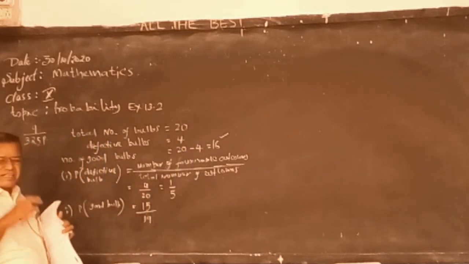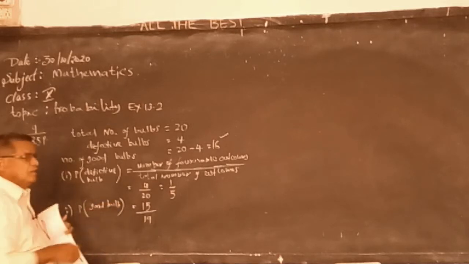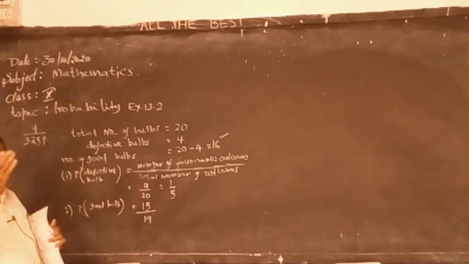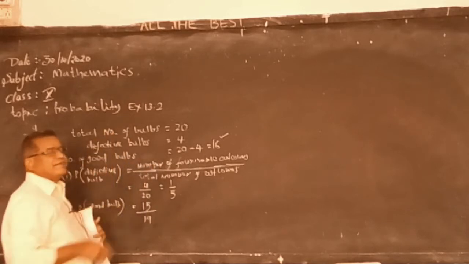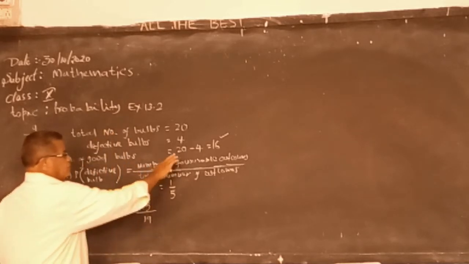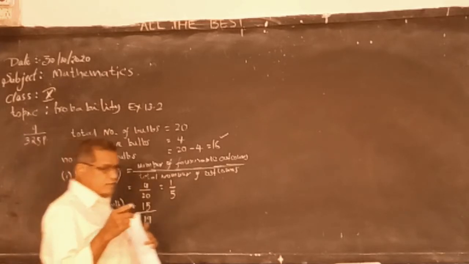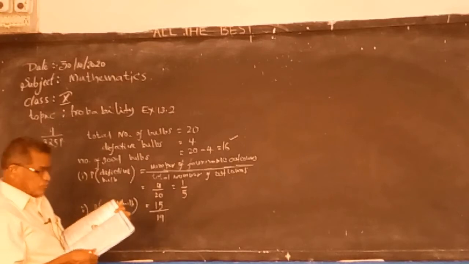So the remaining good bulbs are 15. Why not 20? Because we kept one bulb outside. So there remain only 19 bulbs in total. Then the 10th one.